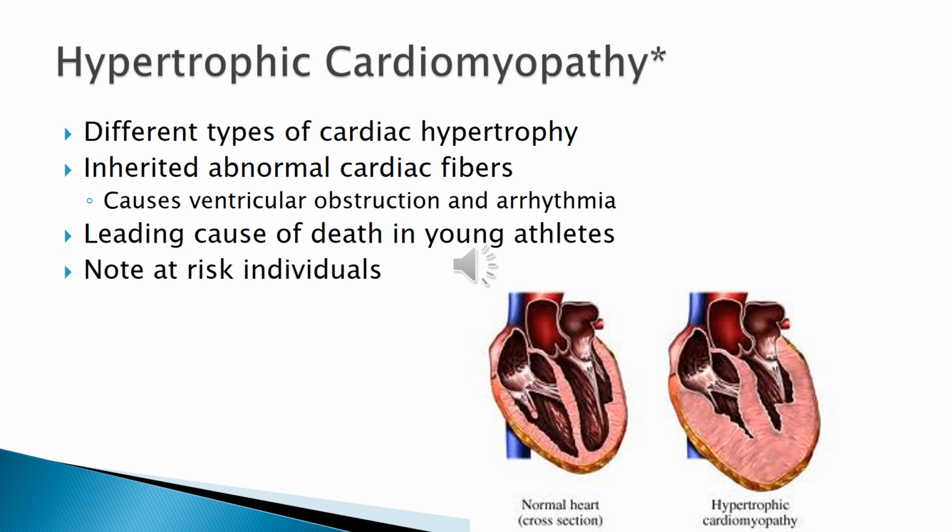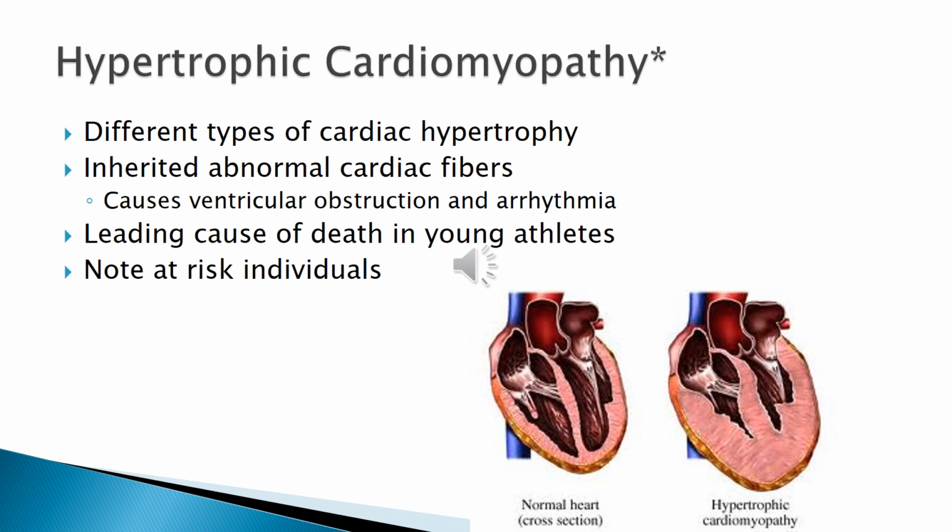So this causes a disruption, not only by causing issues with the vascular supply of the heart, but also by messing up the electrical conduction system within the heart. So it's important to note that.